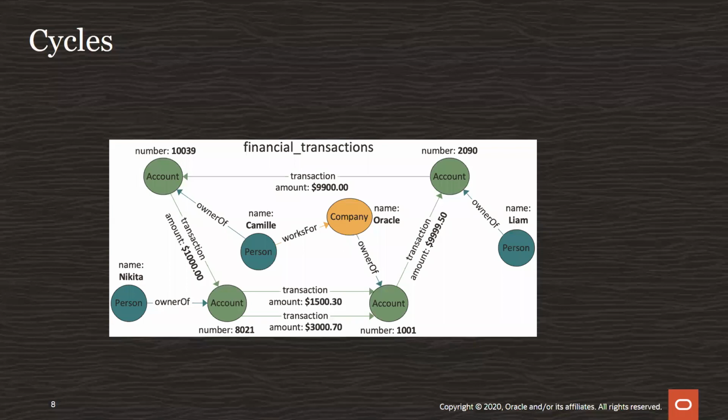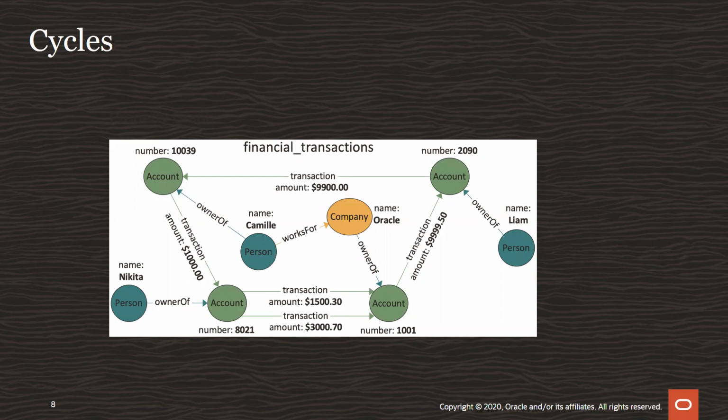Nikita, in turn, using that particular account, makes a transaction of $1,500, also makes a transaction of $3,000 to the fourth account, which is 1001. And then from that particular account, close to the initial transaction money, which was $10,000, goes back to the original account which initiated the transaction, which is again 2090.